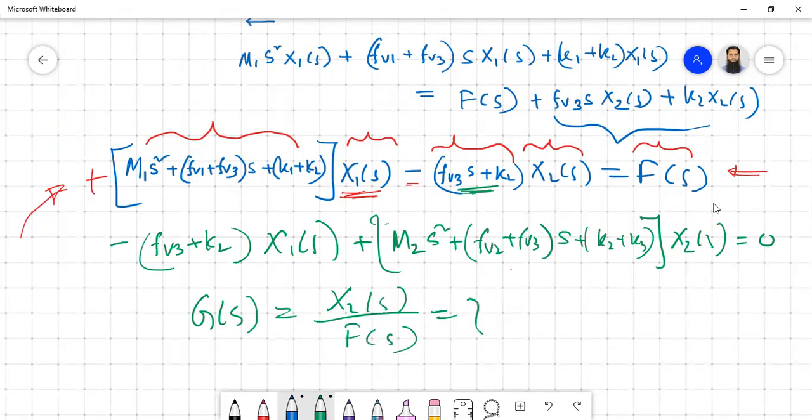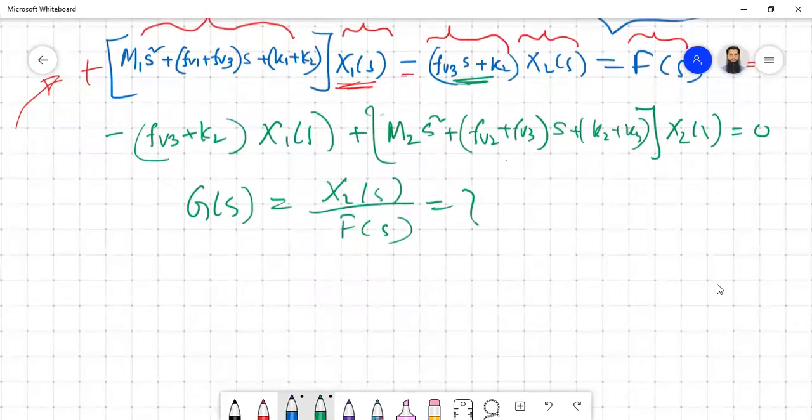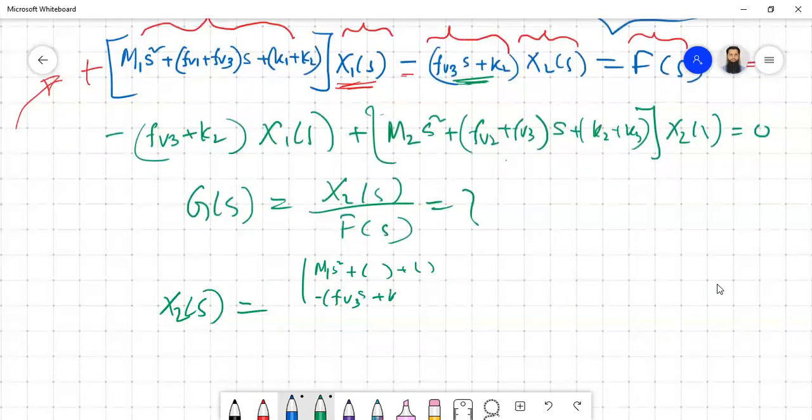So how to do that? Same Cramer's rule. Once the equation is there, it doesn't make any difference whether it is an electrical system or a mechanical system. So X2S will be basically M1 S squared plus terms eventually. Then in the denominator you have FV3S plus K2, then you have Fs and 0, divided by your del.